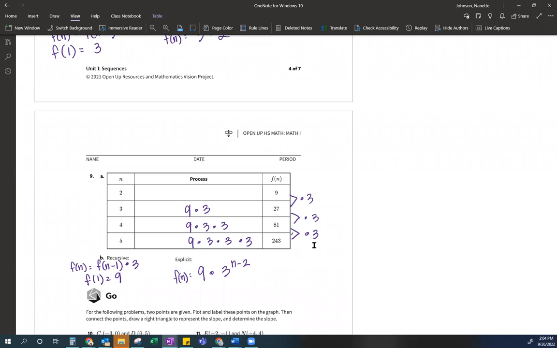And I'm like, okay, well, where? I see it as the multiplier off to the right of the table. I see it inside the table as your many, many factors of 3. Exactly. I see it as my base in my rule. And I see it as the multiplier in my recursive. Exactly.